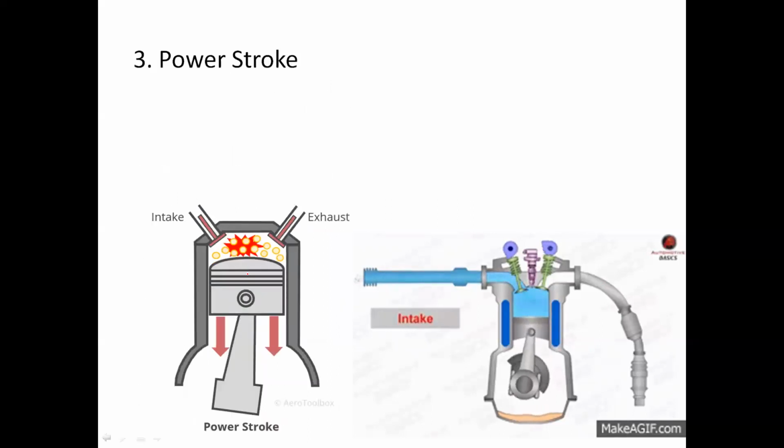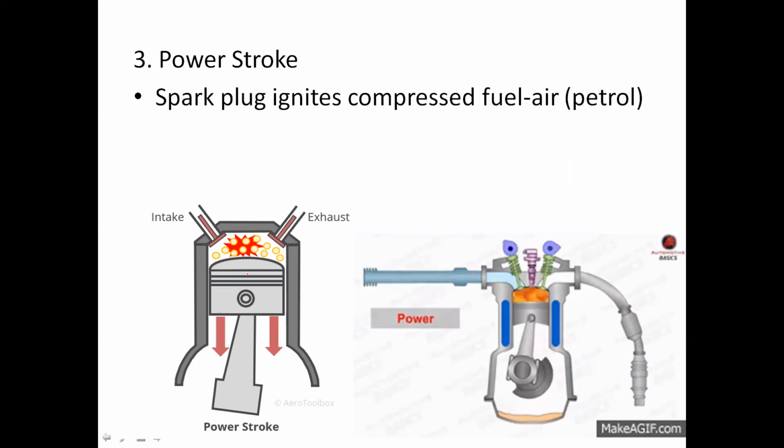After that, there is the power stroke. When the engine is run by petrol or gasoline, there's a spark plug usually at this side. This one is the spark plug. The spark plug ignites.